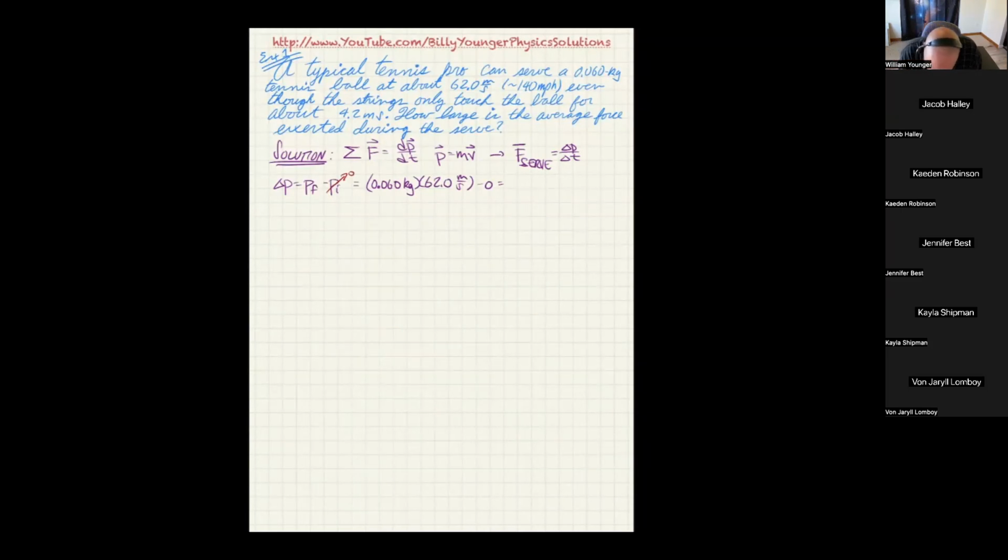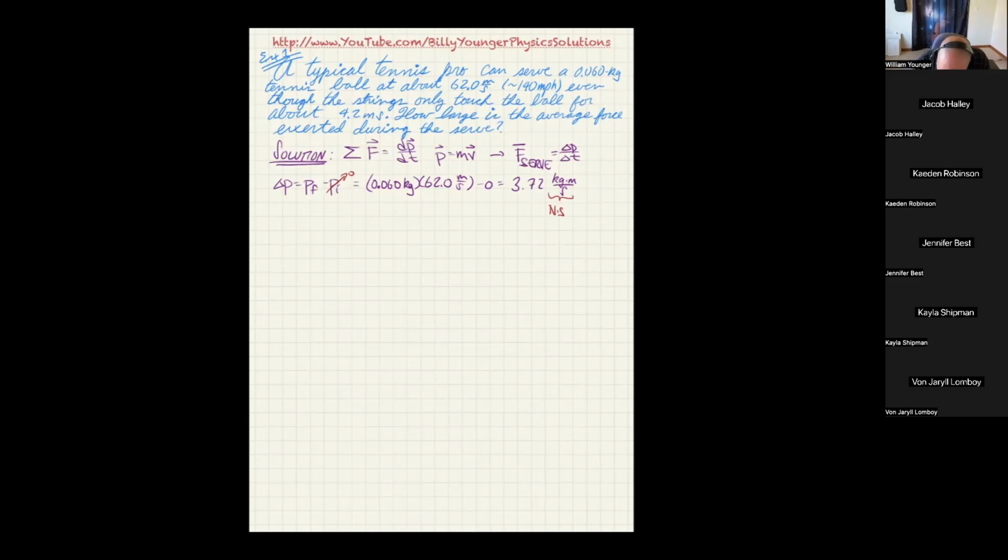This gives me 3.72. And notice the units are kilograms meters per second. Another unit for momentum, by the way, would be a Newton second. So that's acceptable as well, just in case you need it.